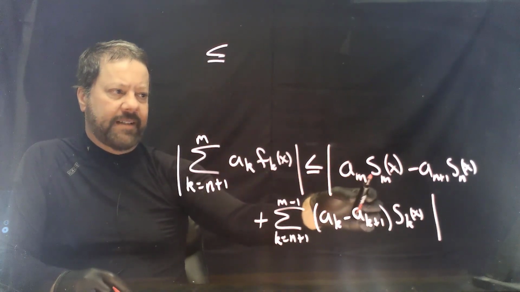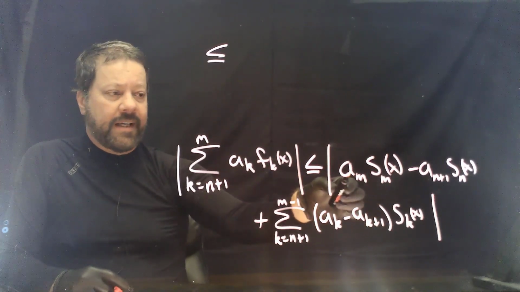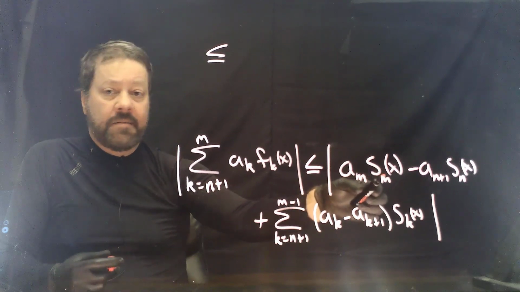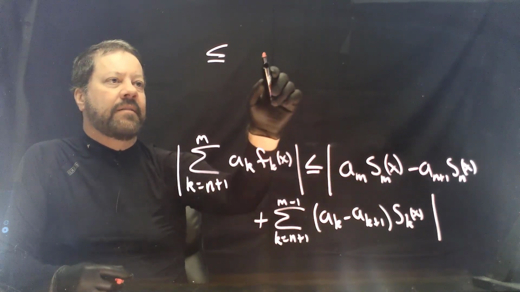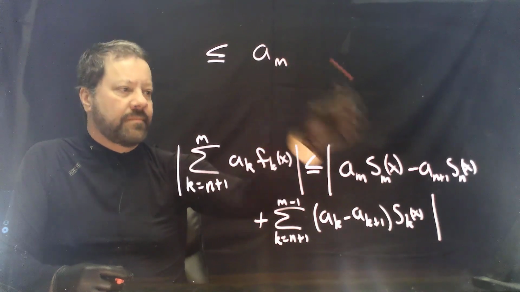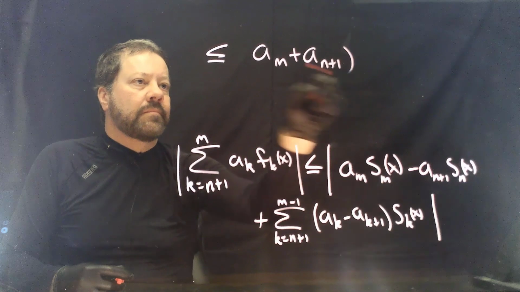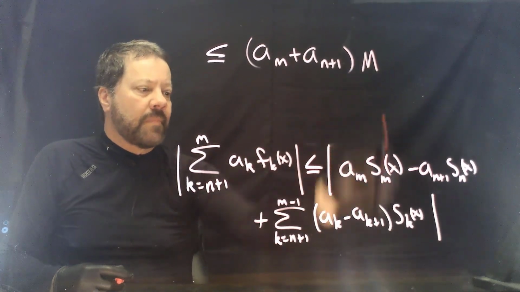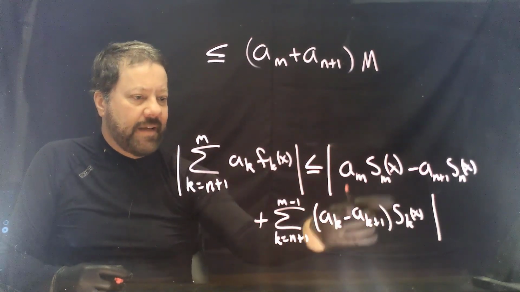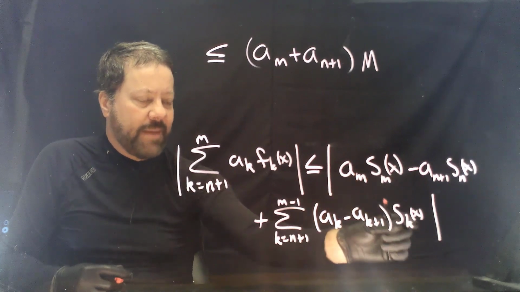We now assume the fact that, first of all, these are non-negative, and these are bounded. When we bring the absolute value into this sum, we'll get a bound here.